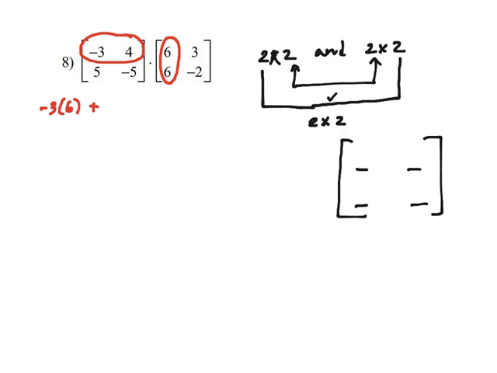And then I am going to add it to the product of the second numbers. So that's -18 plus 24. Okay, so -18 plus 24, that gives me 6. Let me just make sure. Okay, so that's 6. So I have 6 here.